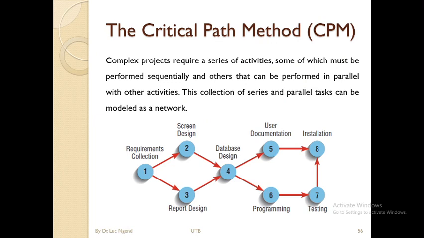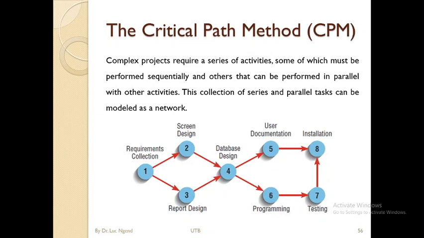The first technique is the critical path method. The critical path method, just as you understand it, helps you find the critical path, which is the shortest possible time that your project can last.